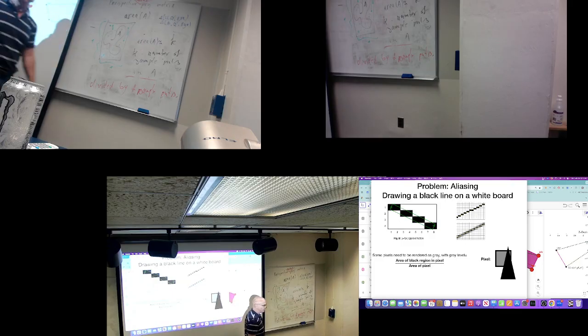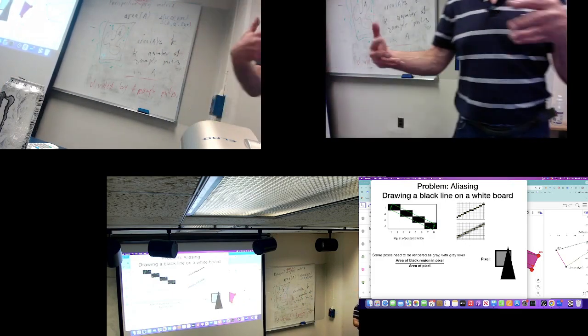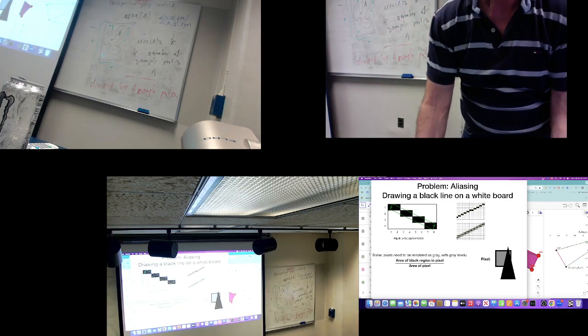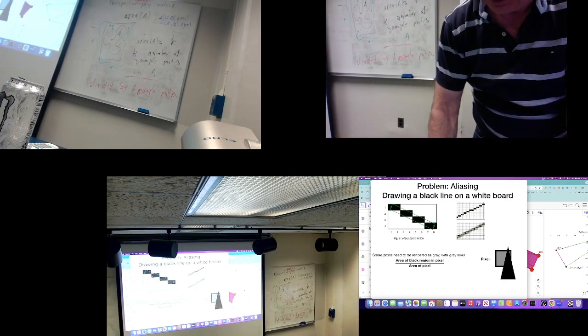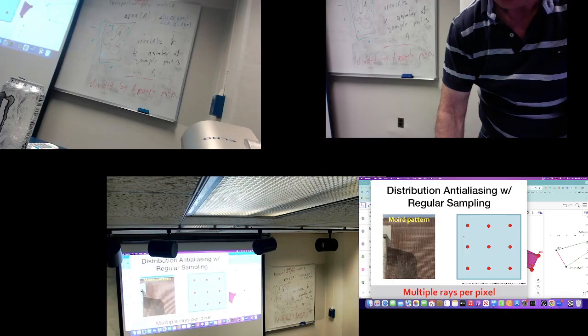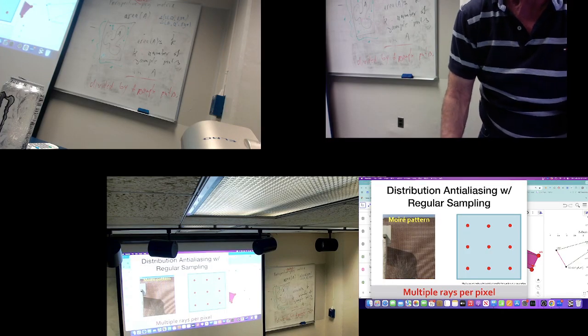It's a weighted average. If 90% of the points hit the black, then the pixel is 90% black. And that's how you create the anti-aliasing effect, the basic idea of anti-aliasing.